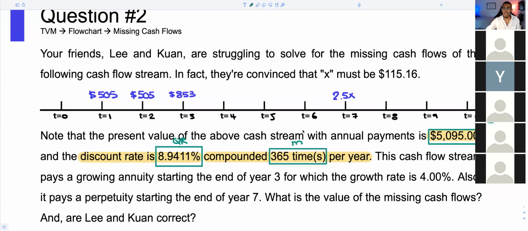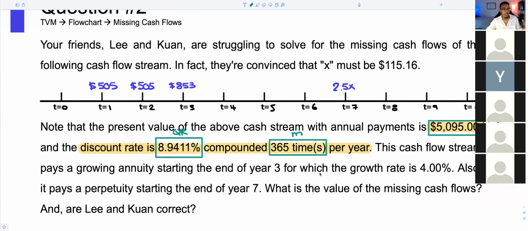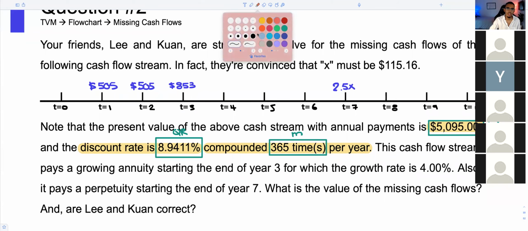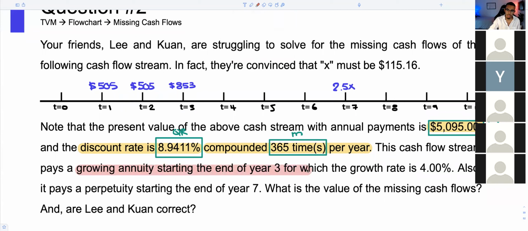And then they tell you that this cash flow stream pays a growing annuity, starting at the end of year 3, with a growth rate of 4%. So they're telling you that there's a growing annuity starting right here. We'll put it in the same color.